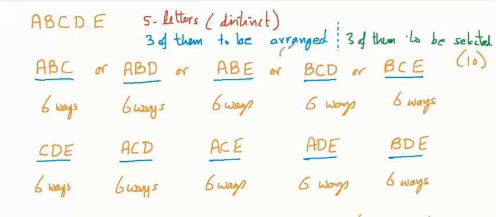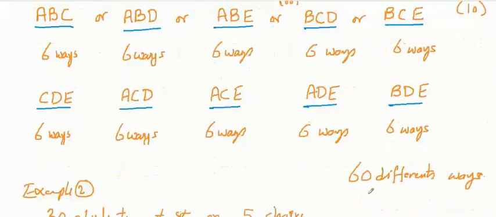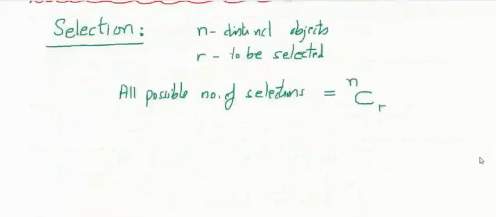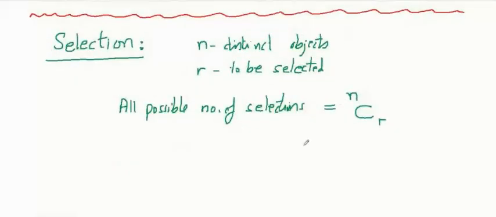So this was 60, and this one we have done here, 60 different ways to arrange. Okay, so see how we got this 10 without doing it manually. The formula is this, for the example of A, B, C, D, E, 3 letters to be selected.